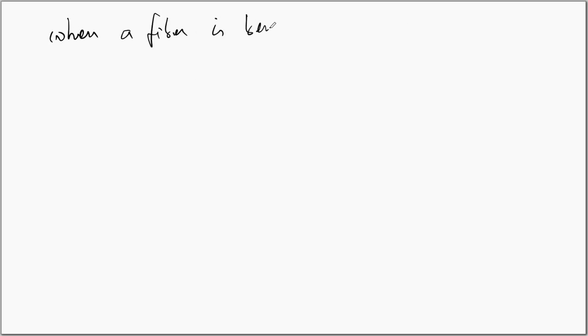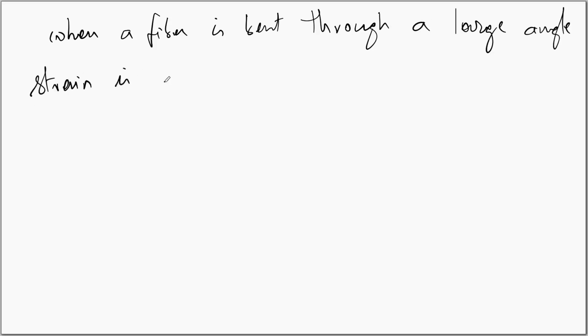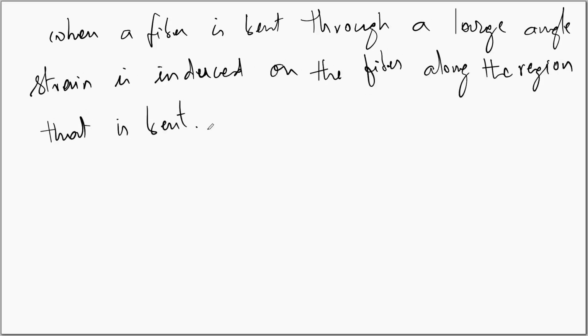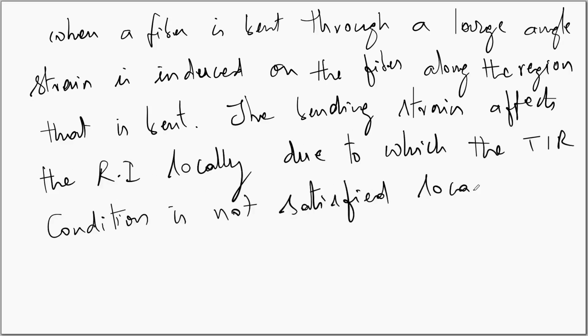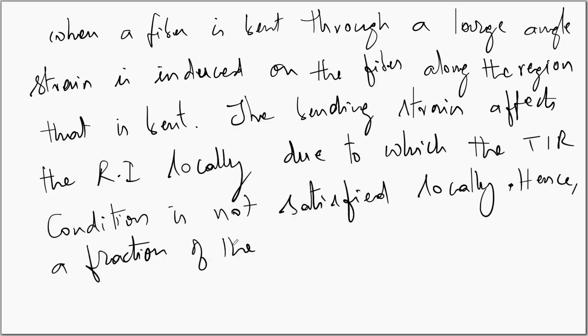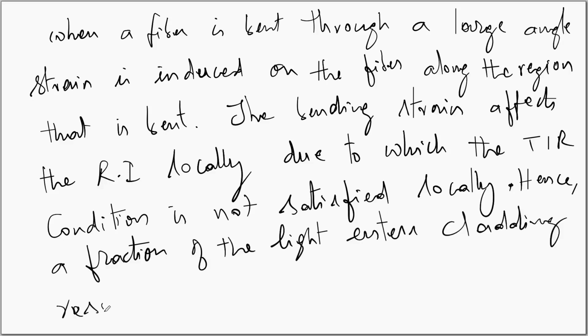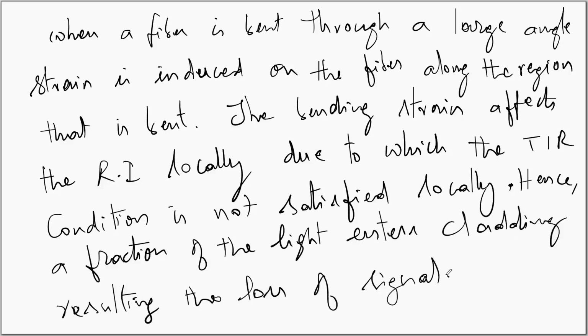When a fiber is bent through a large angle, strain is induced on the fiber along the region that is bent. The bending strain affects the refractive index locally, due to which the total internal reflection condition is not satisfied locally. Hence, a fraction of the light enters the cladding, resulting in loss of signal strength.